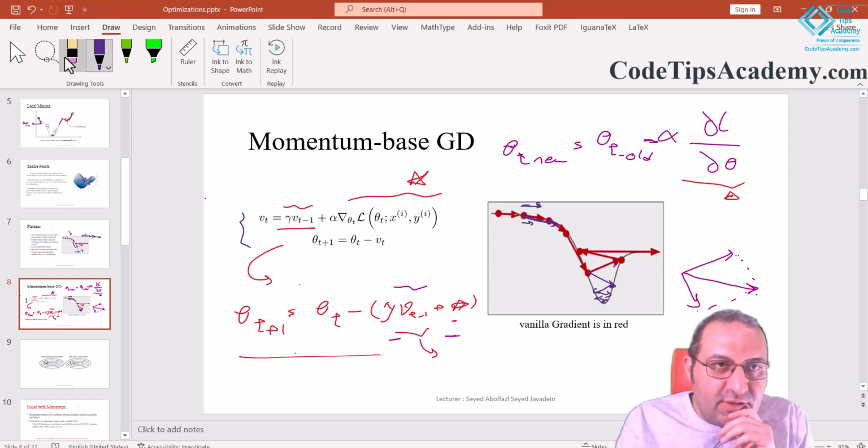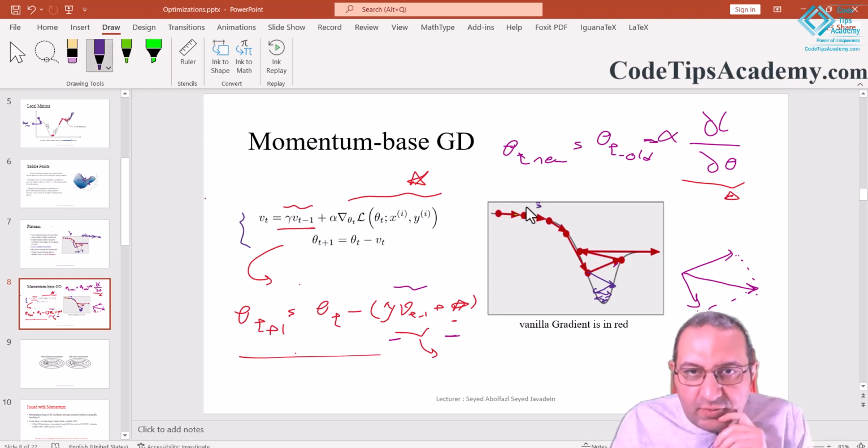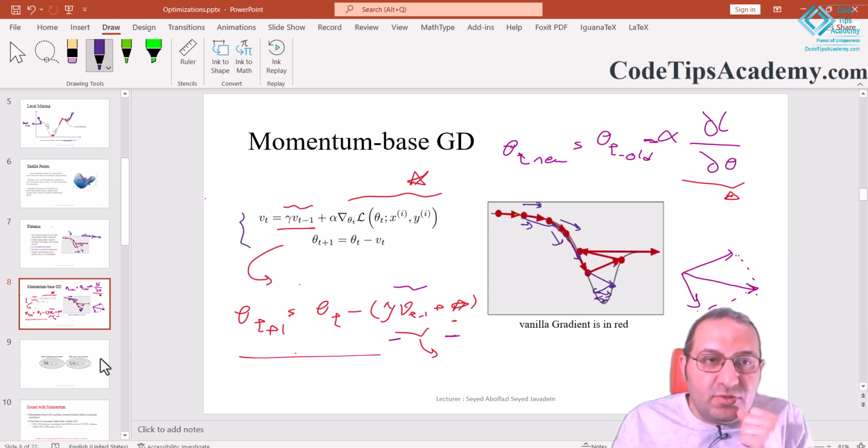In the next step we have this gradient and direction, meaning we have a larger step here, and after that we have this gradient and this direction here, meaning we have a larger step too.